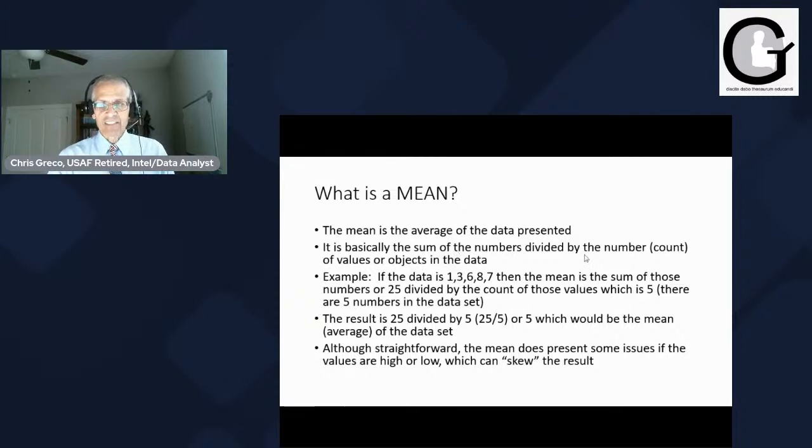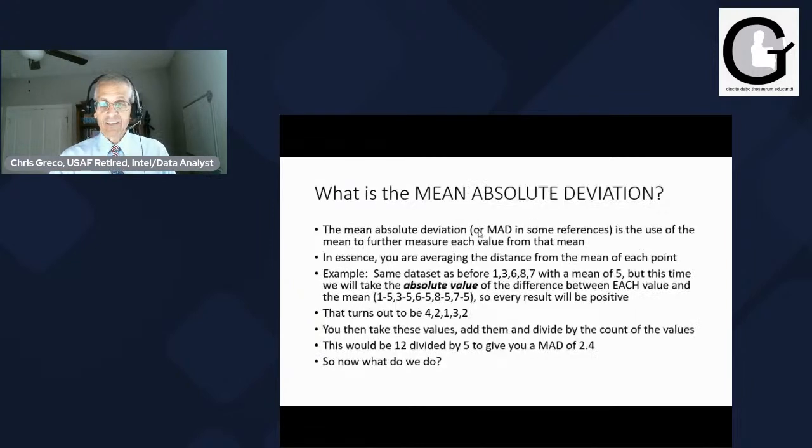It's not the best way of calculating the center of data, but yet we do it. We teach it in elementary school, and we teach it very well. But that's not the cool thing, because it's not very robust. Now, what is the mean absolute deviation?